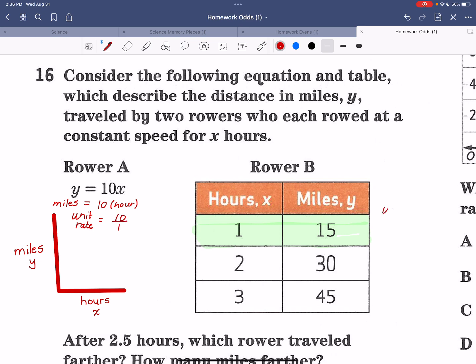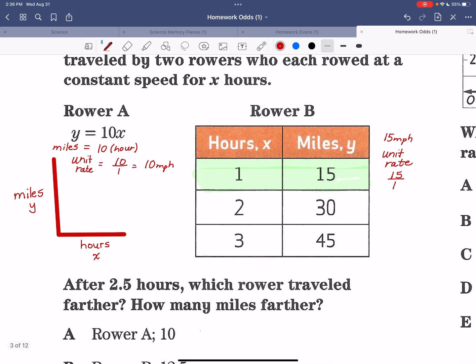For this person, the unit rate is 15 to 1. So who is rowing faster? This person is doing 15 miles an hour, and this person is doing 10 miles per hour. So rower B is rowing faster.